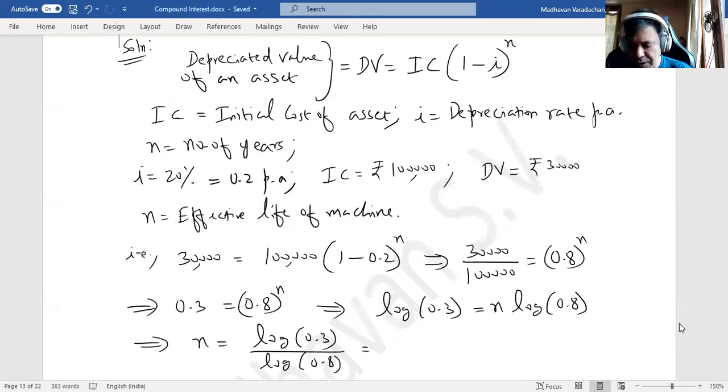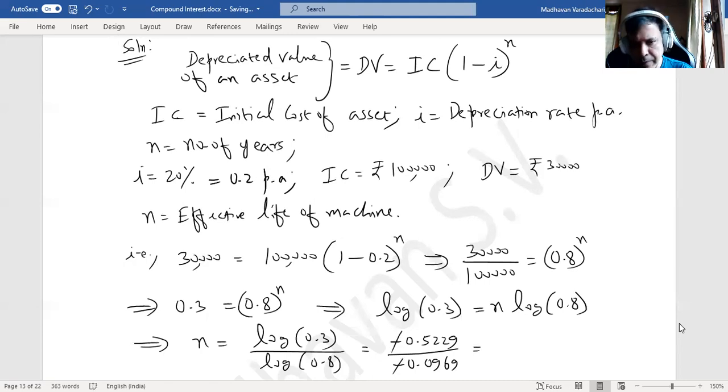Check the log values of this. 0.3's logarithm value is negative 0.5229, and 0.8's logarithm value is negative 0.0969. Negative, negative, it becomes positive.